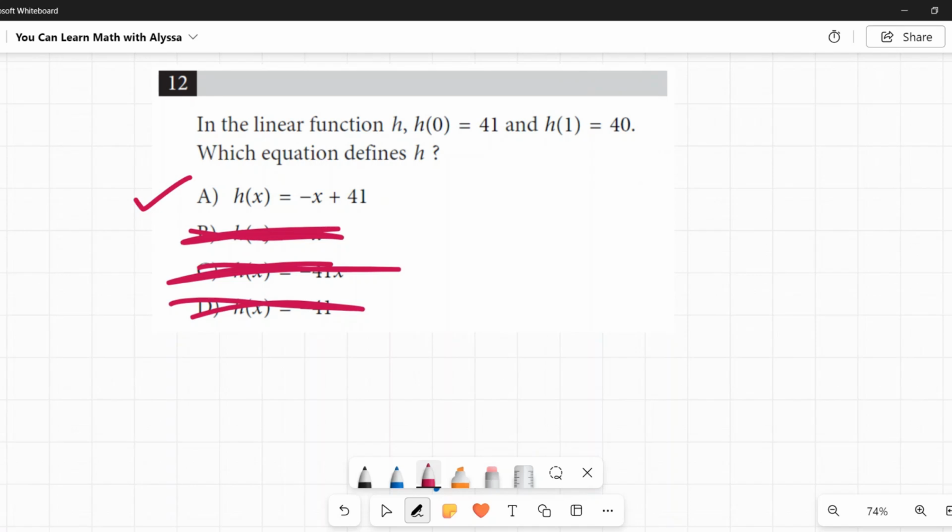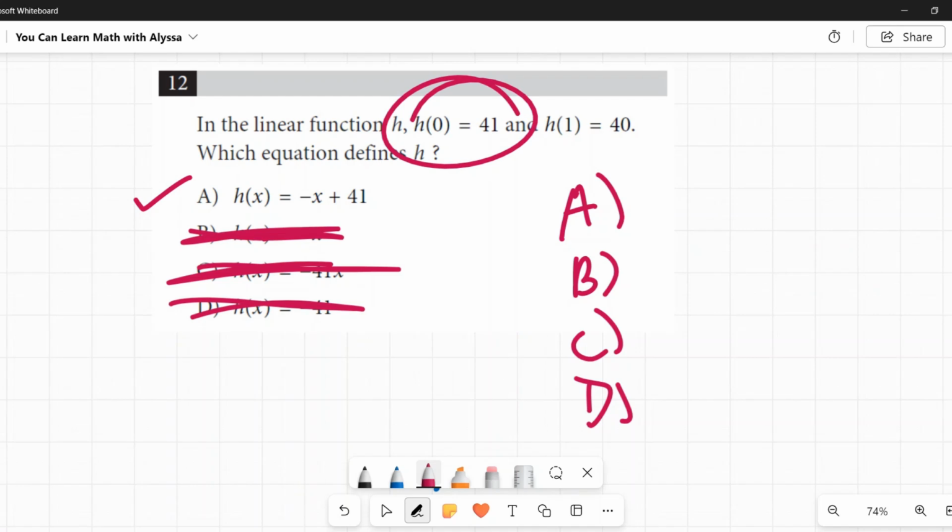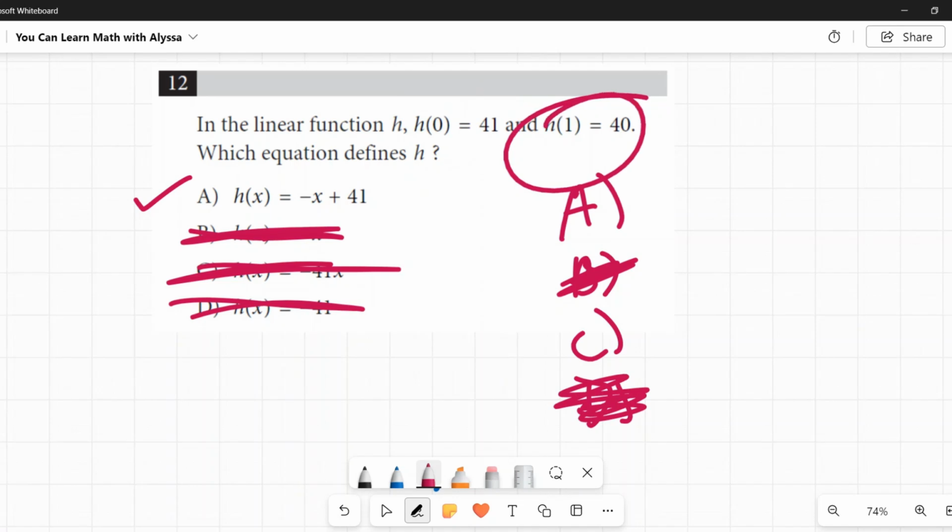Personally, I think that's a little sloppy on the SAT board's part. It's unlikely that you're going to get something like this on the day. Most likely, you're going to have an A, B, C, and D, and usually at least 2 of them would fit the first one. Say maybe A and C, for example, would fit the first one, and then you'd have to test to see which one of those would fit the second one.